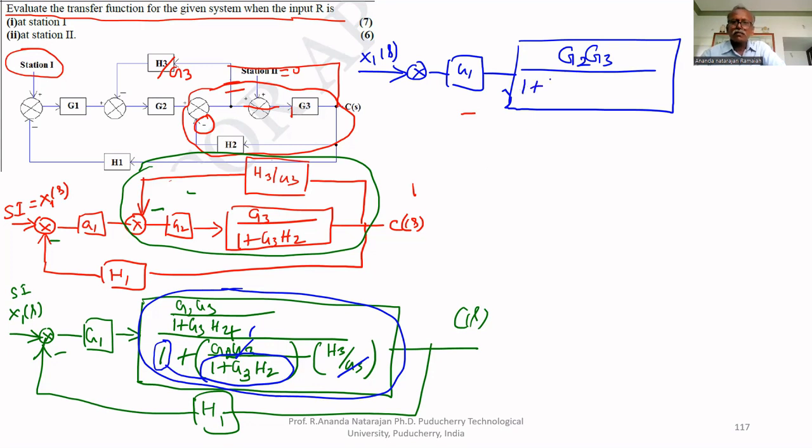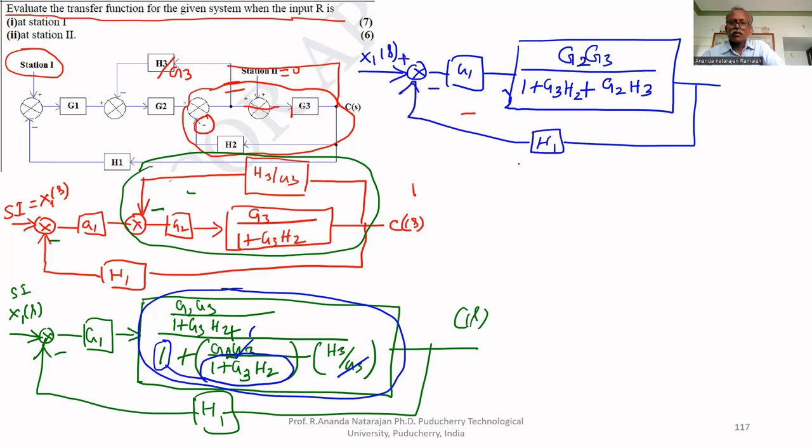Therefore, 1 plus G3 H2 plus G2 H3. That's all. Then the feedback H1 is there. Now we can remove this H1 also.